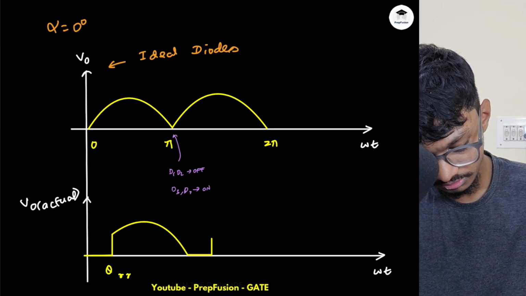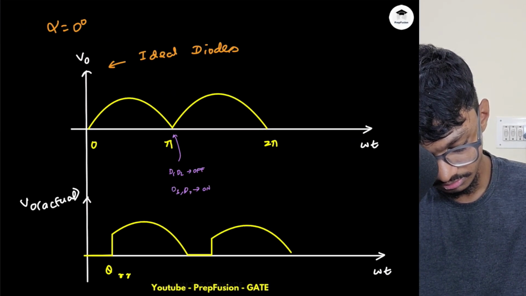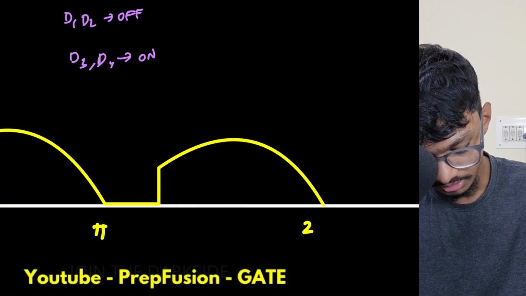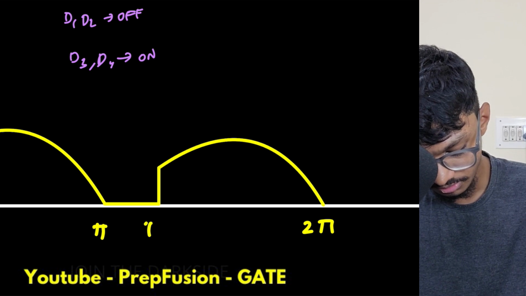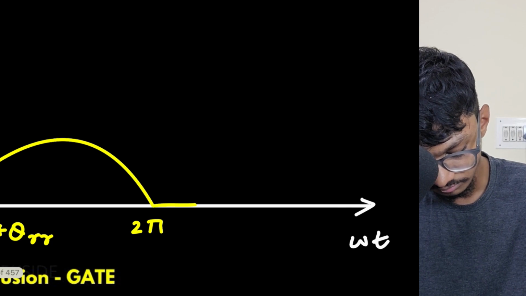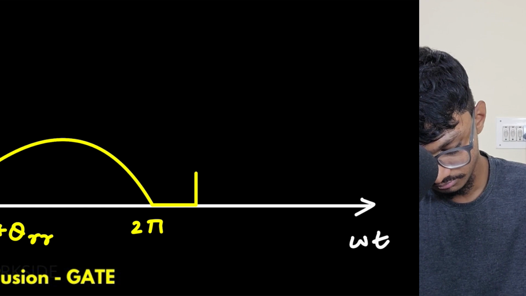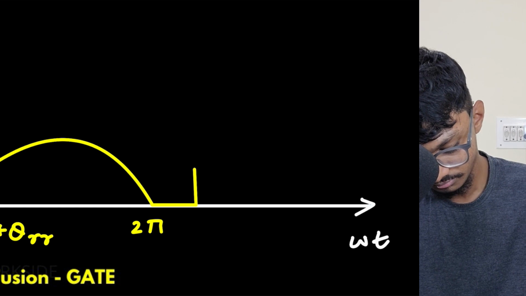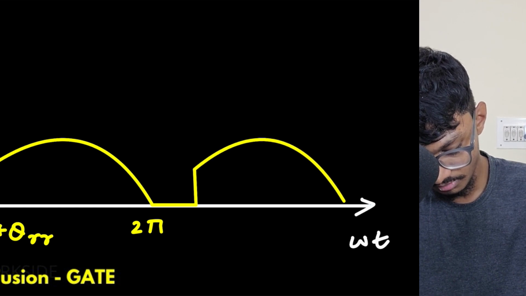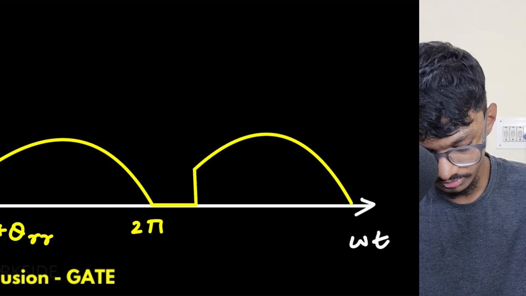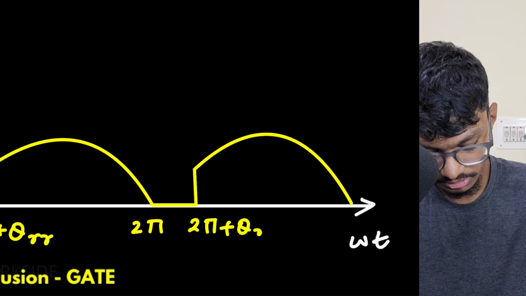And then it will be 2 pi. So this will be pi, this will be 2 pi, this will be pi plus theta RR, and this will be 2 pi plus theta RR.